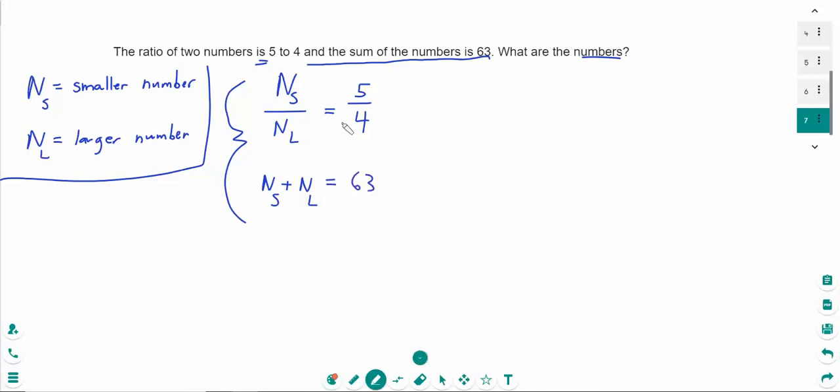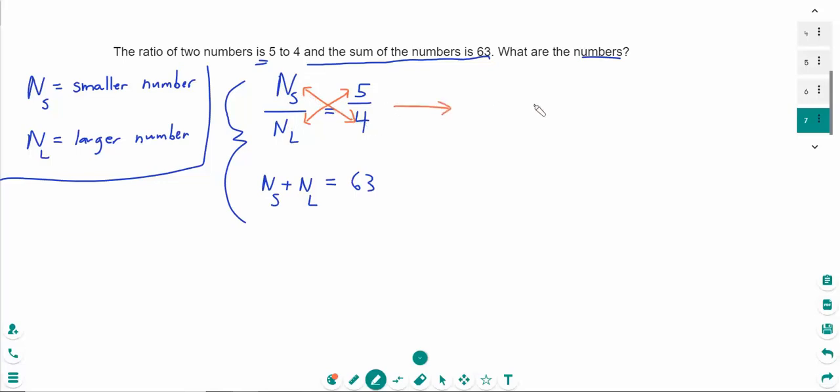And remember, when you have a proportion like this, you can do that cross multiplying that we learned quite a while ago. That would indicate that you can take the top number and multiply it by the opposite lower number. So this n sub s, we can multiply that by the 4.